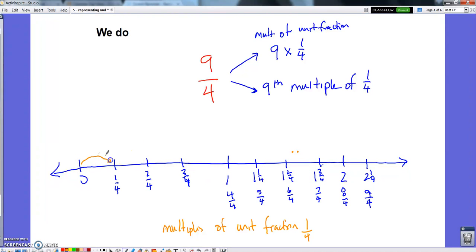So this is the first multiple, second multiple, third multiple, fourth multiple, fifth multiple, 6th, 7th, 8th, and 9th. So 9/4 is the 9th multiple of 1/4.